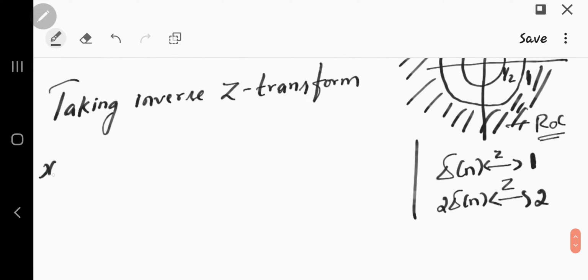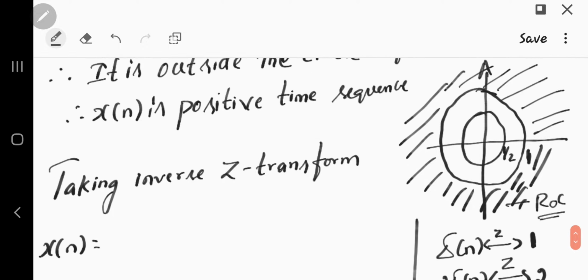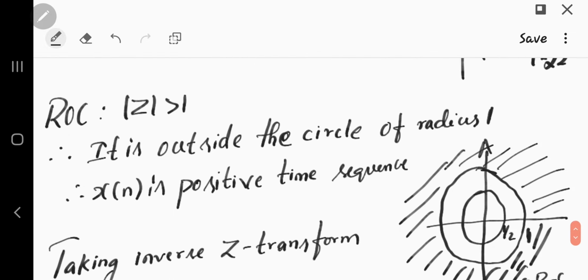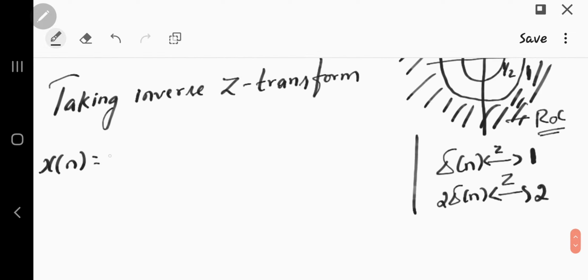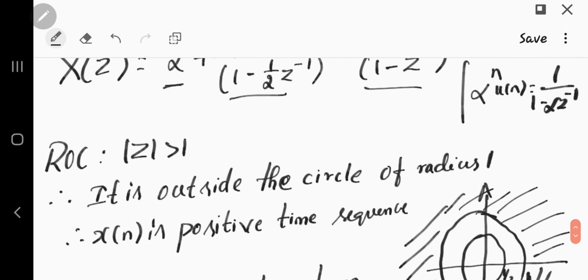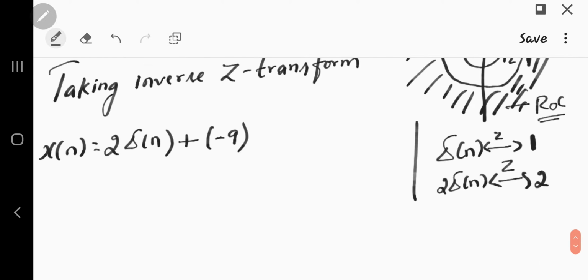we can write x of n is equal to, so first term is 2 here. So based on this, I can write it as 2 into delta n plus minus 9 is the value of k1. Since both are positive time sequence, it is in the form of alpha n into u of n.